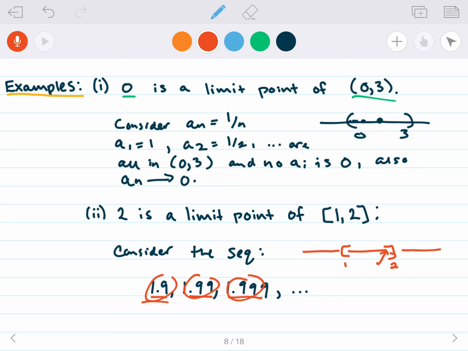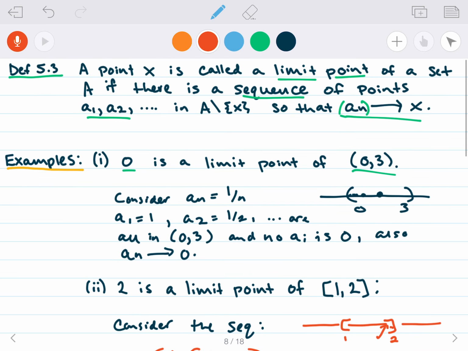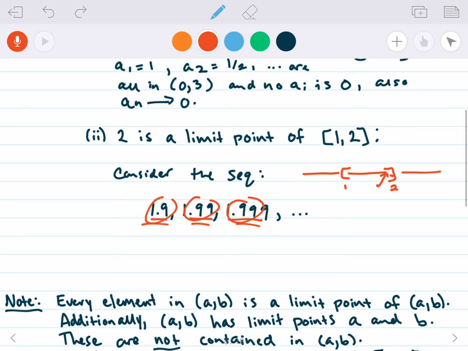And none of them equal 2, right? That's part of the definition, that none of the things in the sequence can actually be 2, the thing that it's converging to.